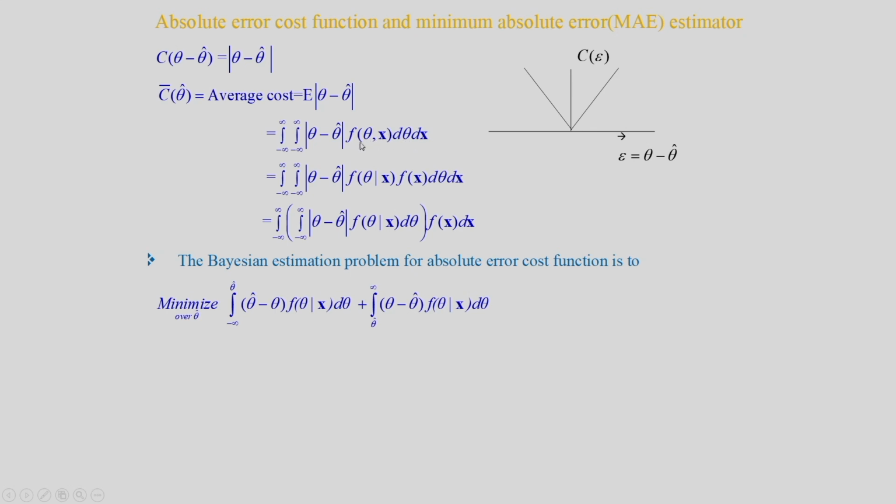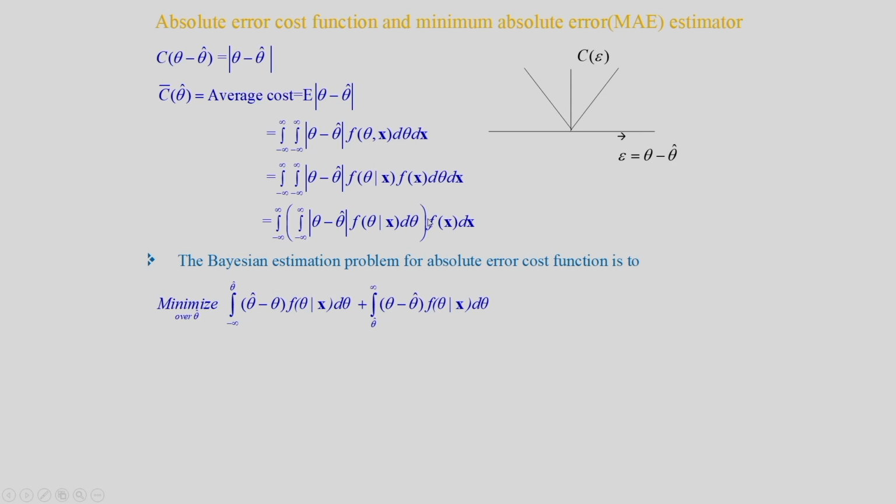This is the joint PDF between theta and x. Now, writing in terms of prior and conditional PDF, we write this double integral as the double integral of mod of theta minus theta hat into f of theta given x into f of x d theta dx.